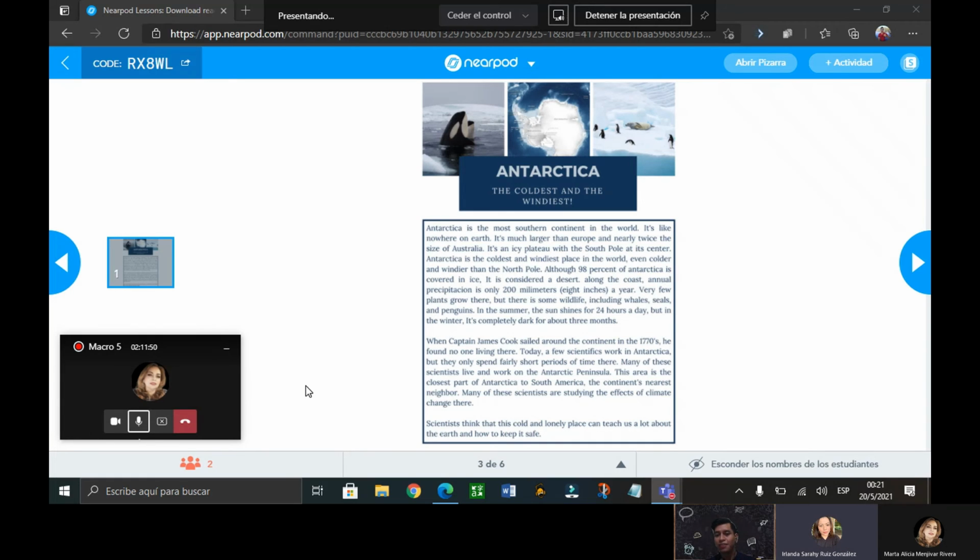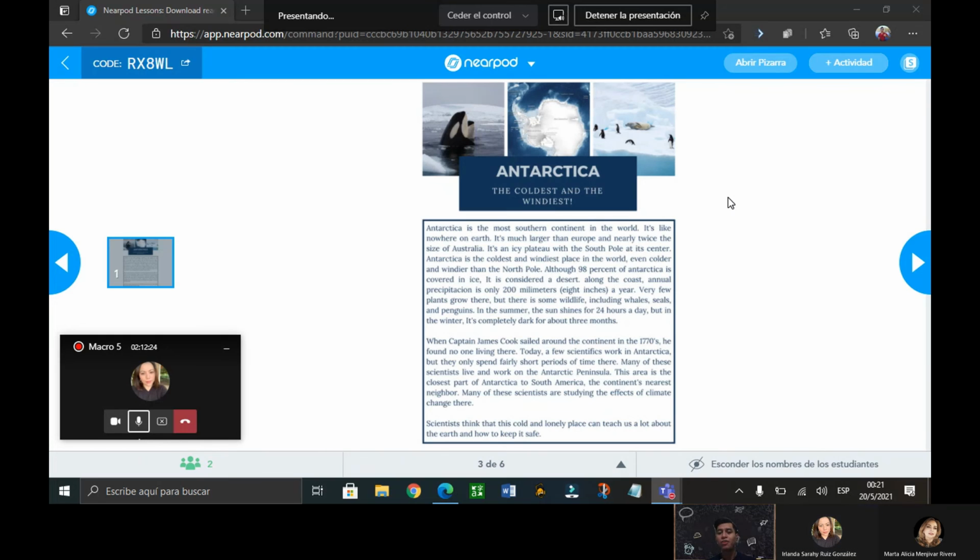Whales, seals, and penguins. Right. As you can see in the pictures, the first is a whale. And we know what a penguin is: a bird, a cute animal. Also the seals. Those are the animals that live there in the Antarctica.